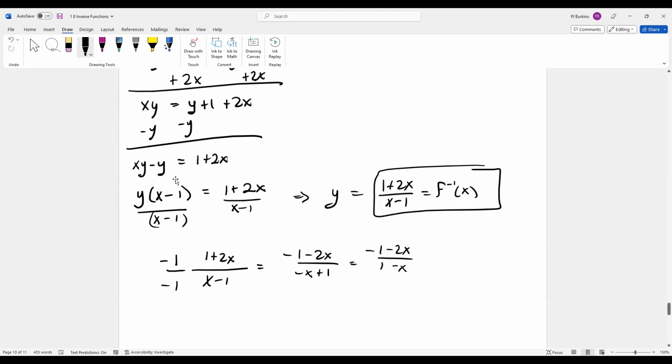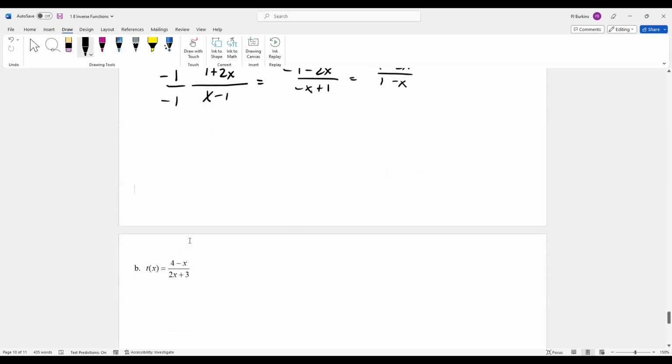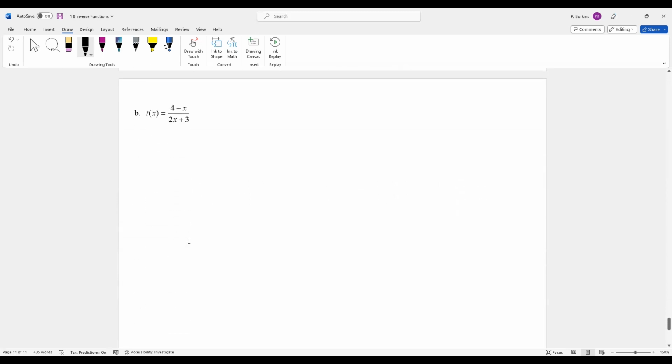Okay. Let's go ahead and try one more. It's going to be very similar. First step is change this to y equals. Then interchange x's and y's. And solve for y.